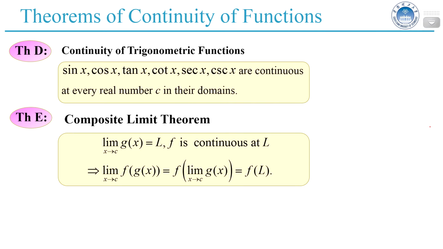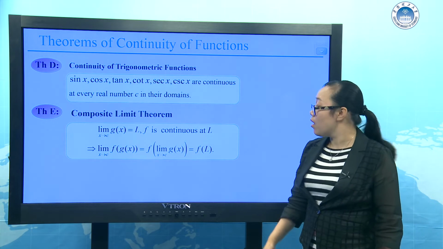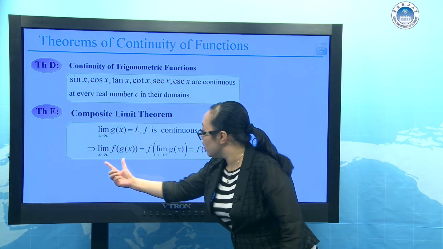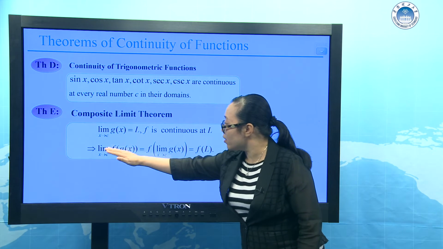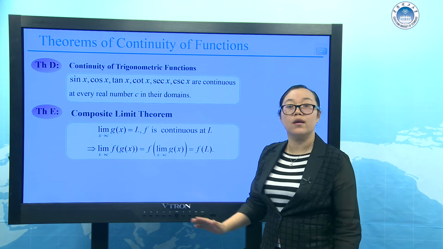Suppose the limit of g(x) equals L. If f is continuous at the point L, we will have that the limit of f(g(x)) as x tends to c equals f of the limit, f(L). We can change the order of the limit and f. In the composite limit theorem, pay attention: the limit of f equals f of the limit.